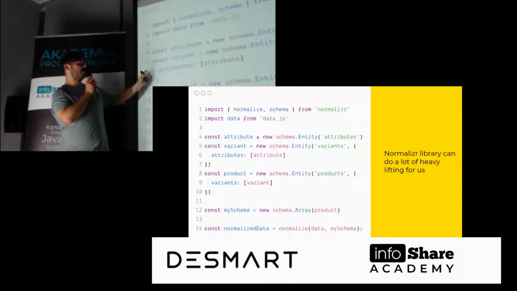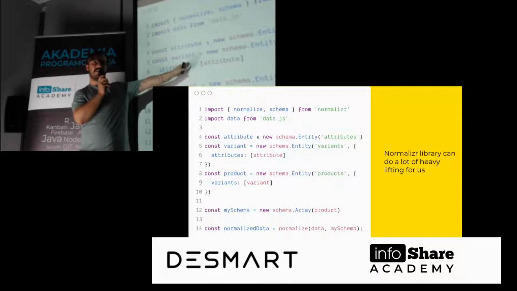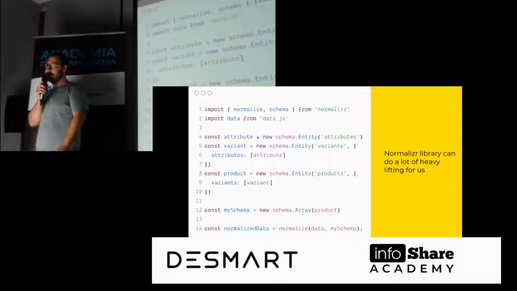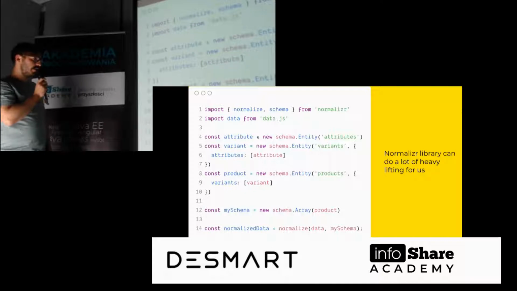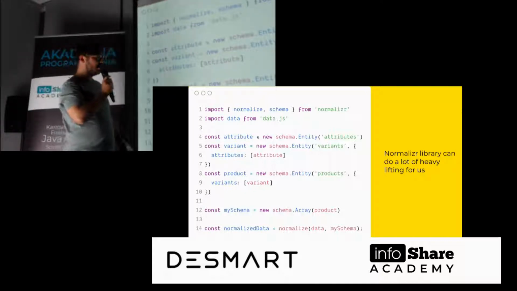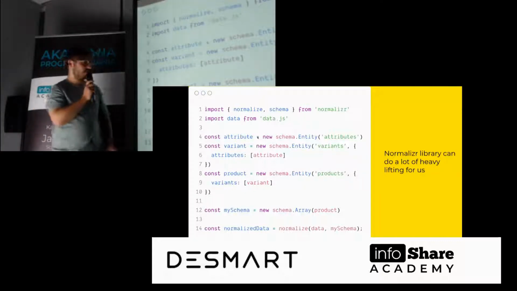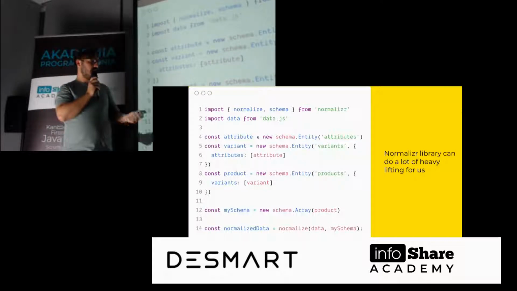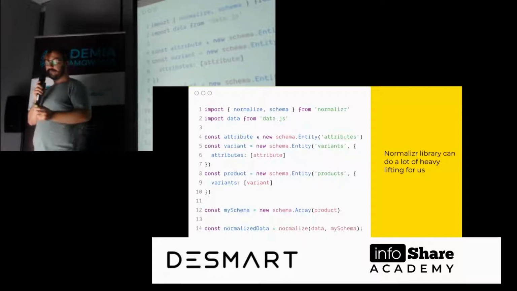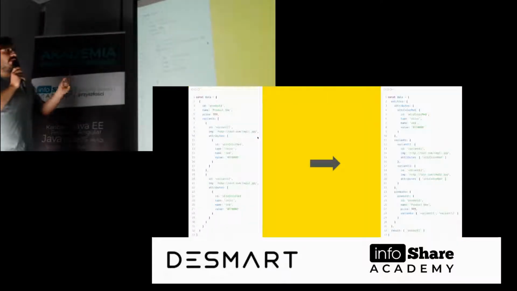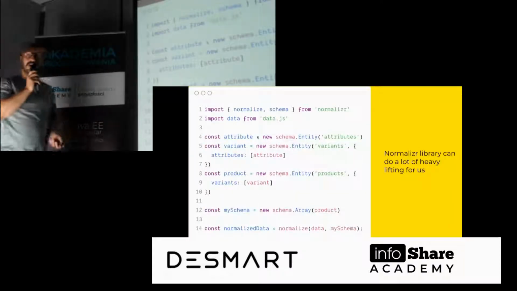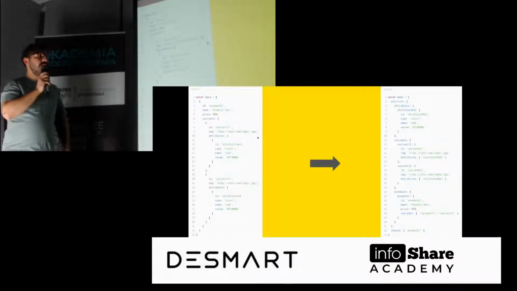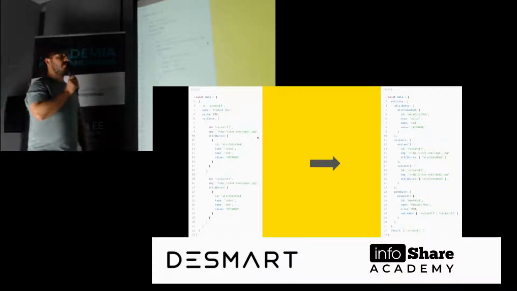So we say, okay, attributes will have the entity attribute, and it will be a collection. We are doing the same thing with the product entity, and basically we are defining our schema here. At the end we just use the normalize function, and once again automatically we have the normalized state with only, let me see, 14 lines of code. And that's basically it.